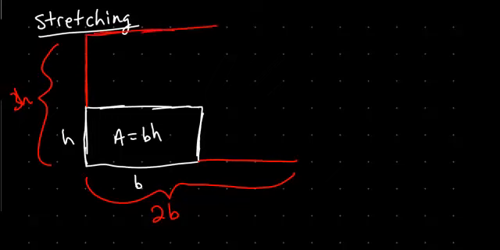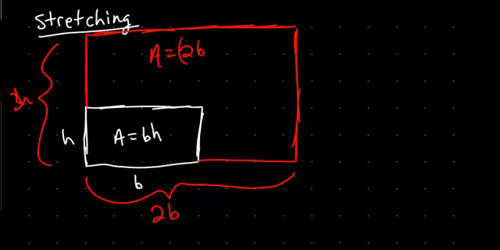So we look at the new area here, and this new area is clearly going to be 2 times the base times 3 times h. And so that area equals 3 times 2 times base times height.